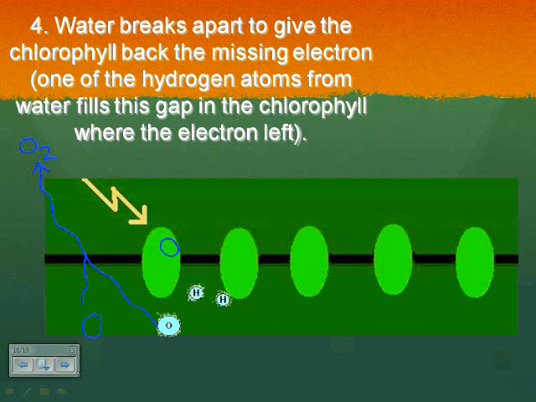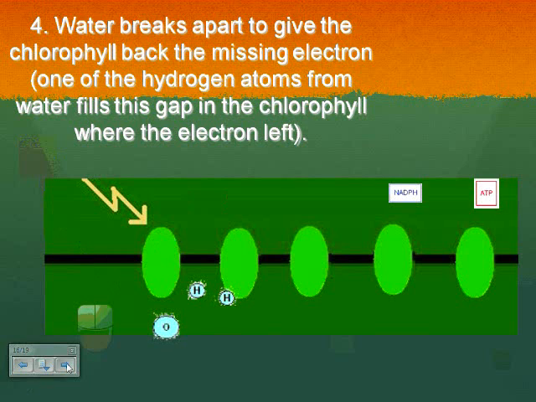So, now we have a broken up water molecule. We have a chlorophyll molecule that's fulfilled again. And we've got this weird electron that's like jumping around out in space, looking for something to do.